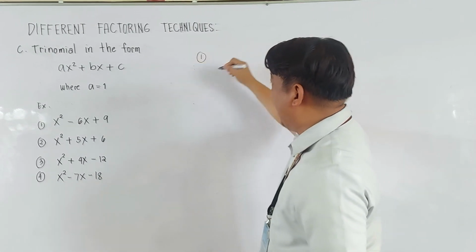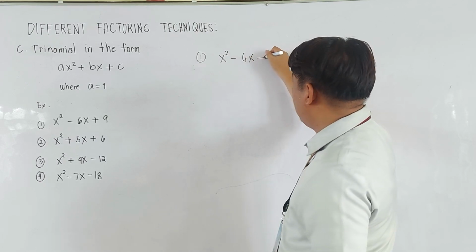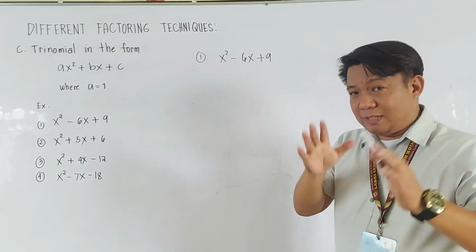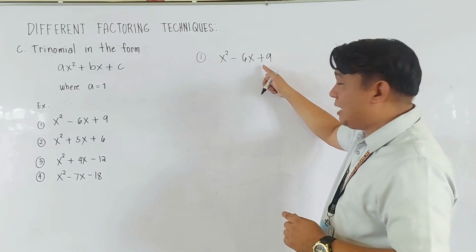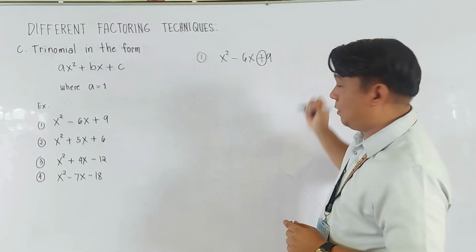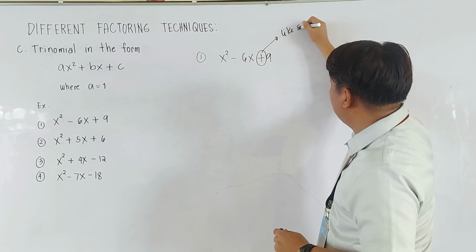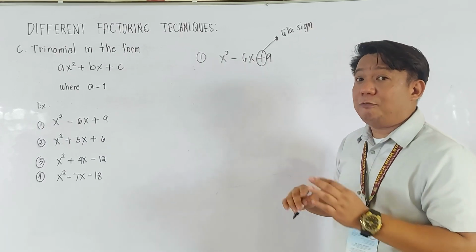So, number 1, we have x squared minus 6x plus 9. Okay, mga kasipnayan, ito ang technique. Tandaan nyo mabuti. Pag ang sign ng last term ay positive, okay, ibig sabihin, like sign. Ibig sabihin, magkapareho ng sign ang factors.